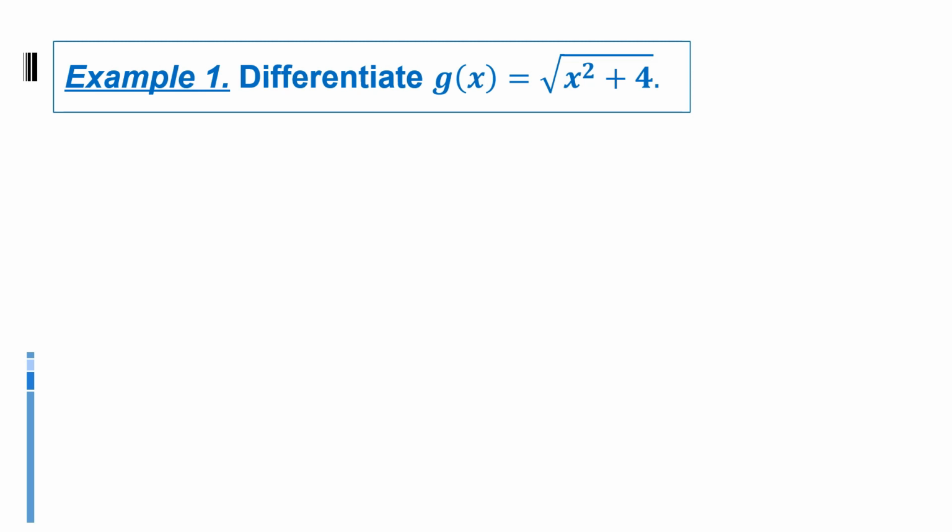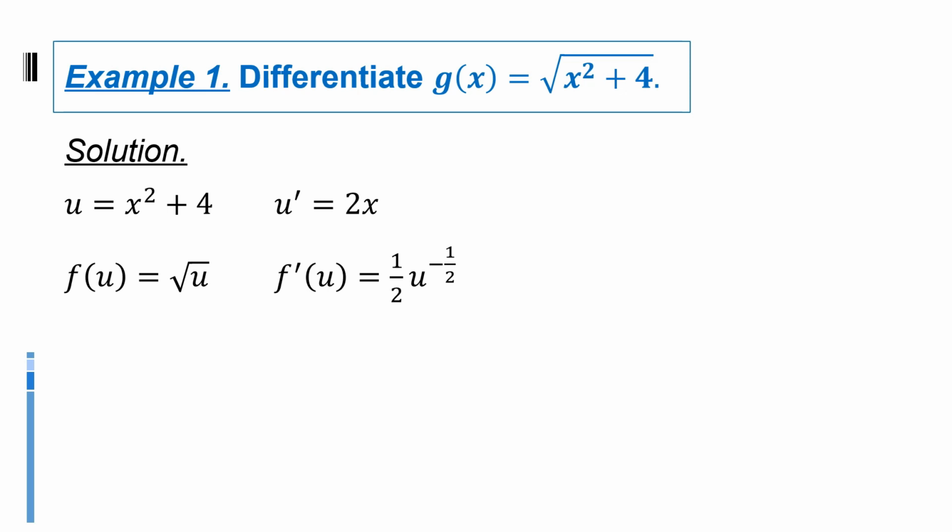Differentiate g of x equals the square root of x squared plus 4. So for our solution, kailangan i-identify muna natin ano yung u natin at ano yung f of u natin. Okay? Together with their derivatives. So in this case, our u is x squared plus 4 with the derivative of 2x.